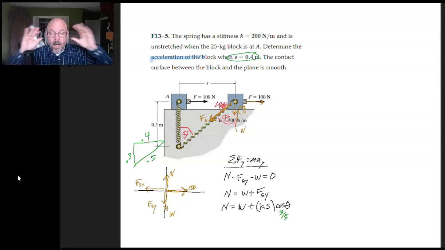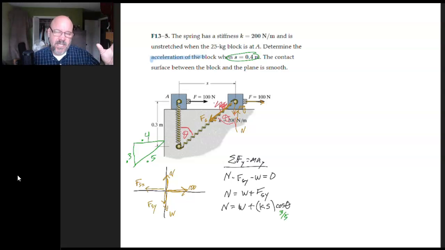Now obviously if S was at 0.2 or 0.7, we'd have to figure out the angle. It would be just an extra step in there, but they made it really easy for us here. So that would just be 3/5, which means that then we can say N is W plus 3/5 KS.